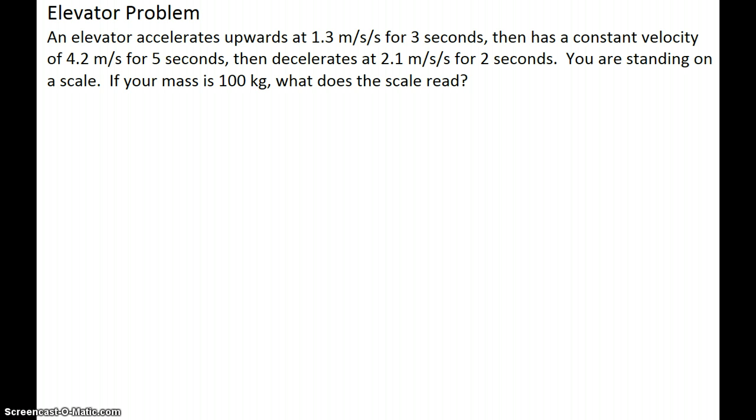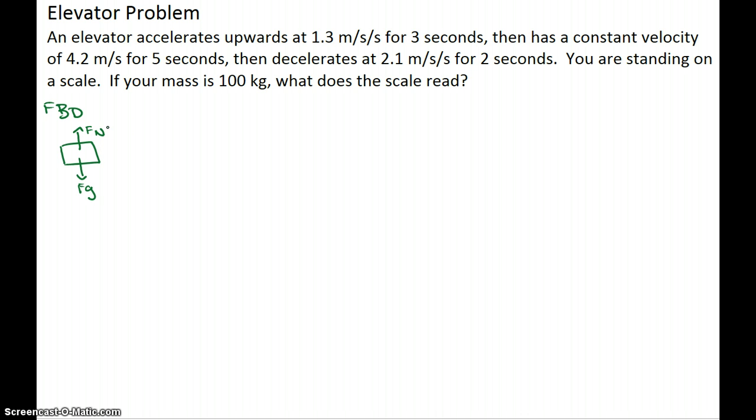For this, we want to use free body diagrams. In our first situation, on our free body diagram, the forces acting on us are our weight pulling us down, since you're kind of a box, and the normal force pushing us up.